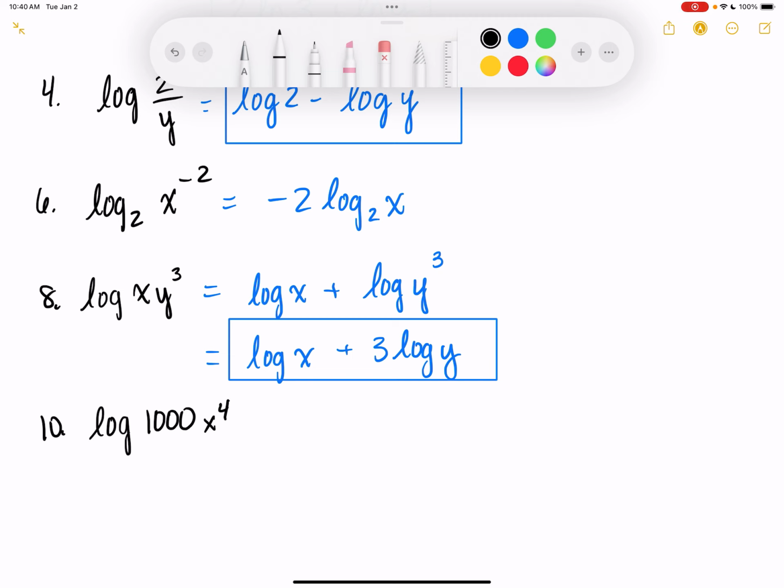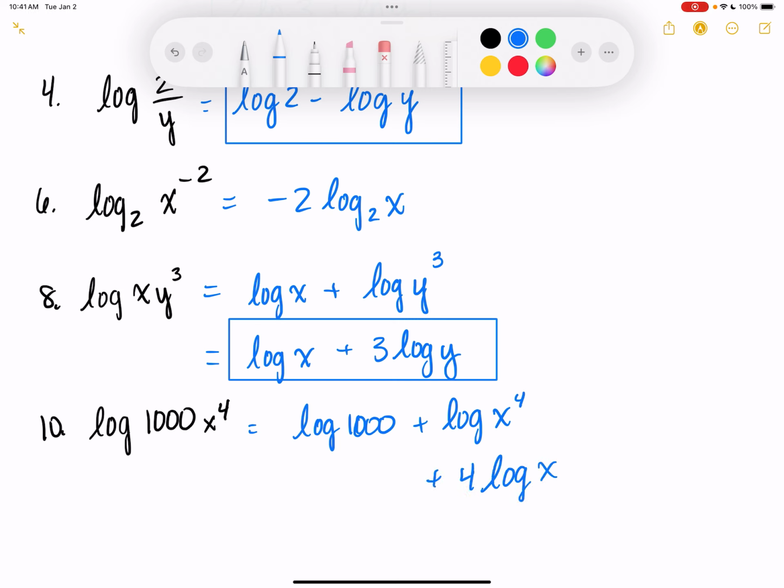We're going to still split this one like we did in the last one into log of 1,000 plus log of x to the 4th. With the second part, I'm just throwing the 4 out front, so this is going to be plus 4 log of x.